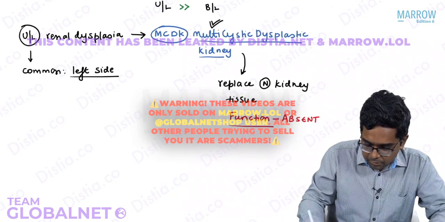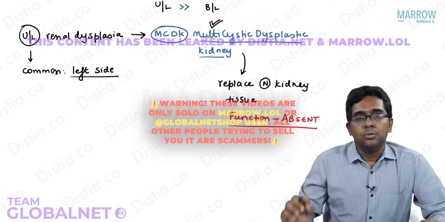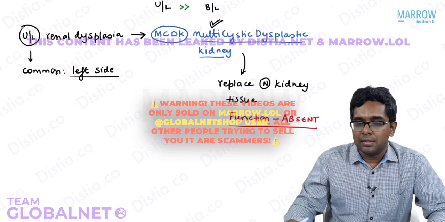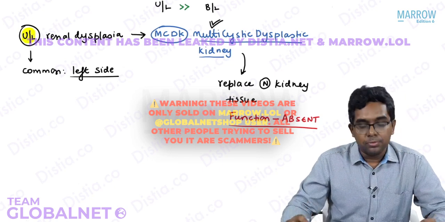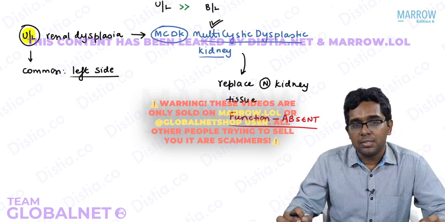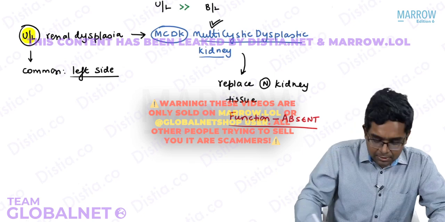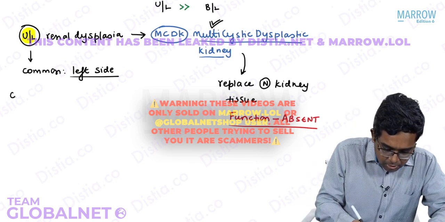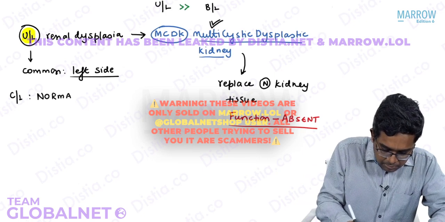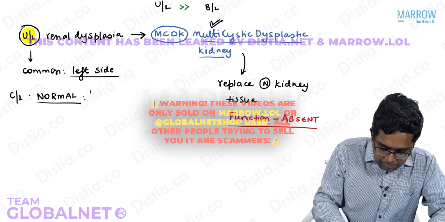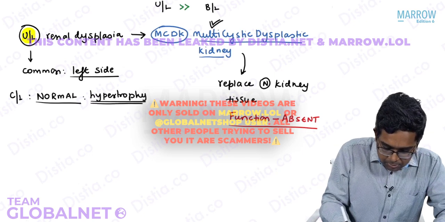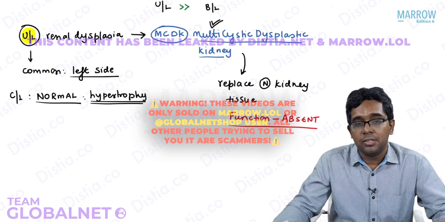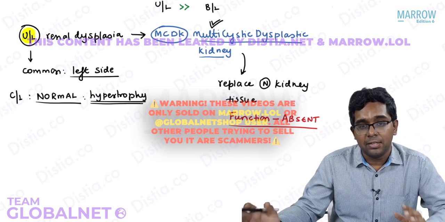Okay, right. Now, what is the problem because of this? Remember, this is a unilateral condition. Always remember this rule in kidneys: whenever only one side kidney is affected, the other side kidney, that is the contralateral kidney, which is normal, can undergo hypertrophy. Are you able to follow this? So because of hypertrophy, it takes up the extra function of the affected kidney also.